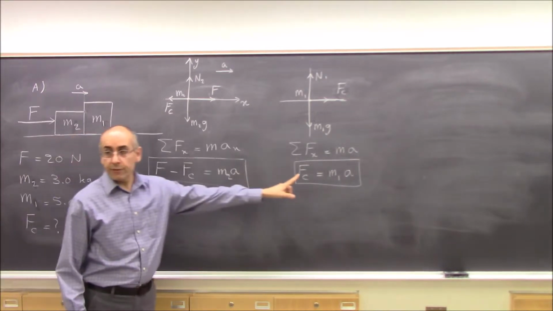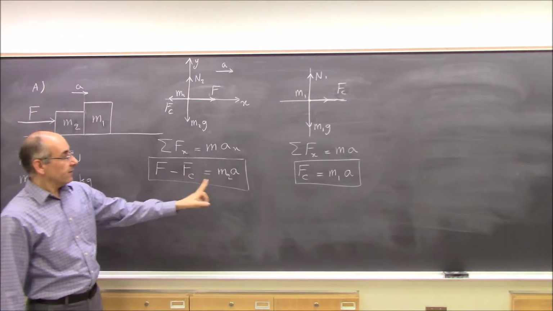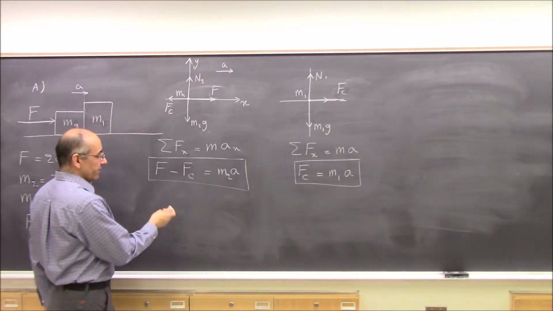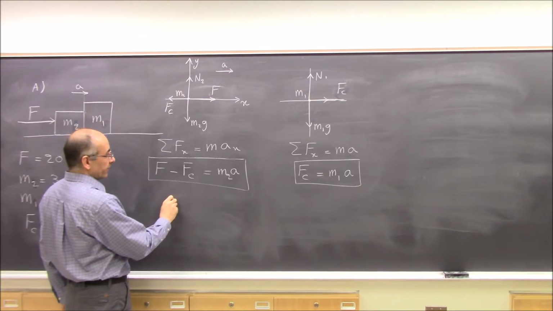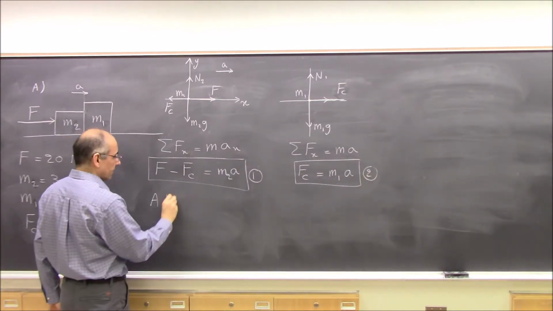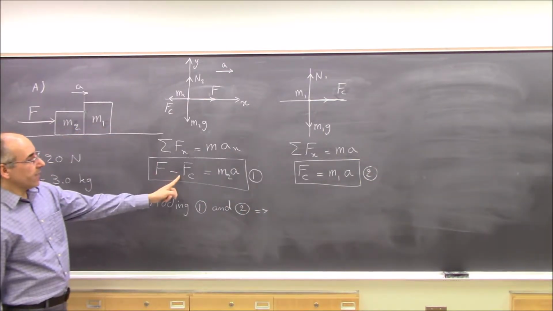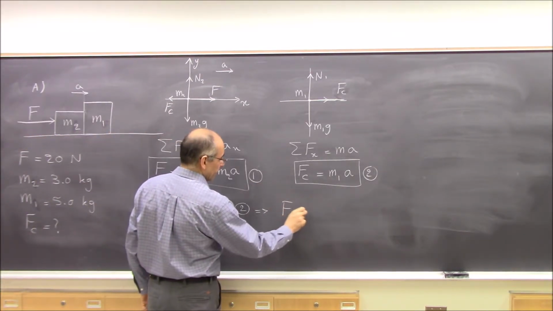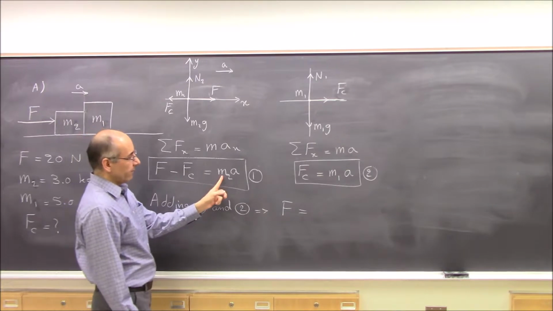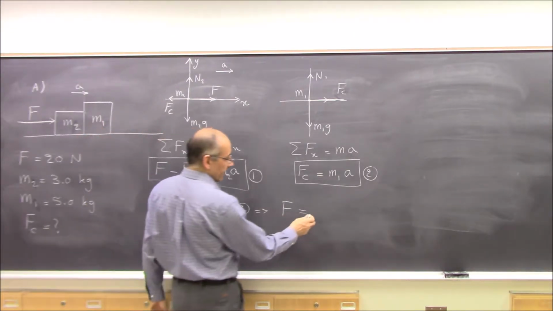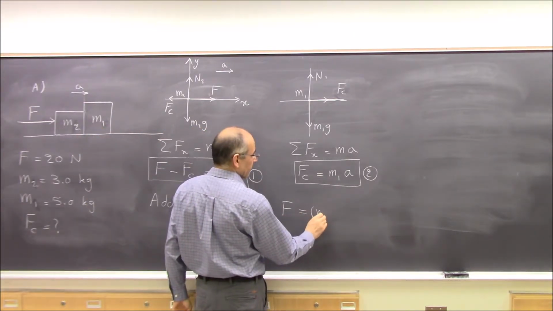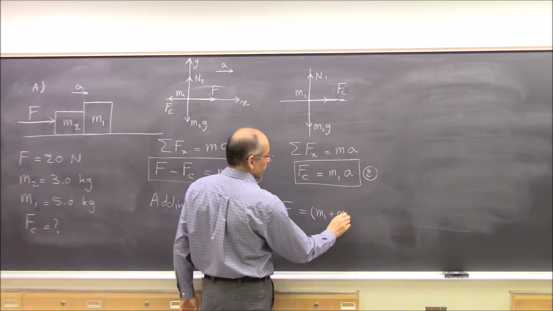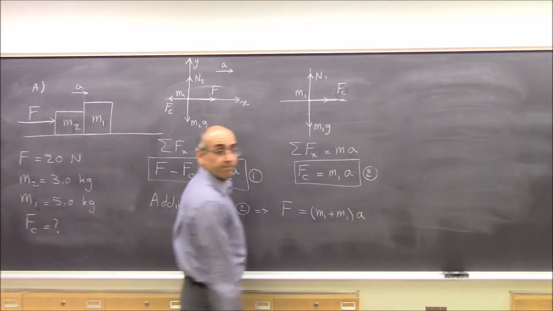Again, adding the two equations cancels Fc and gives me the acceleration. So adding, F minus Fc plus Fc, that's the total external force, equals M2 a plus M1 a. I can factor a and say M1 plus M2 times a.